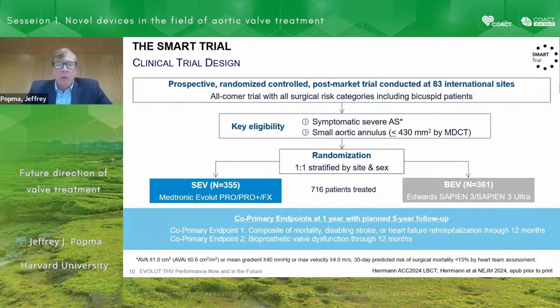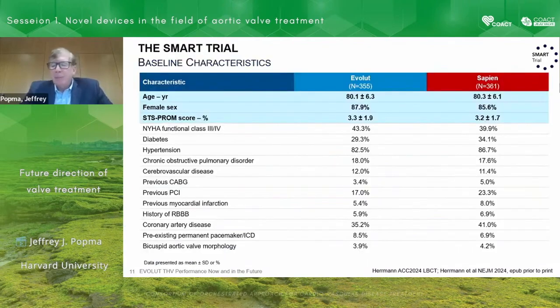First, we wanted to prove that Evolut was safe, so we had a non-inferiority endpoint with composite mortality, disabling stroke, or heart failure hospitalization through 12 months. We also wanted to demonstrate that Evolut had better valve performance than the balloon expandable, so we looked at bioprosthetic valve dysfunction through 12 months. I'll show you those results.